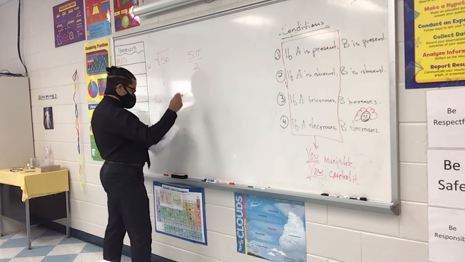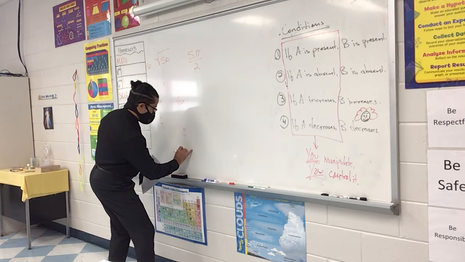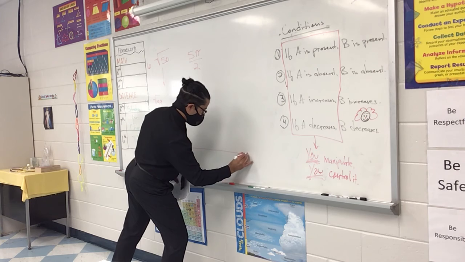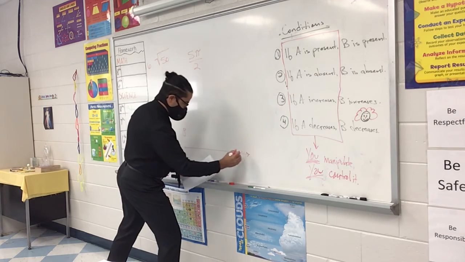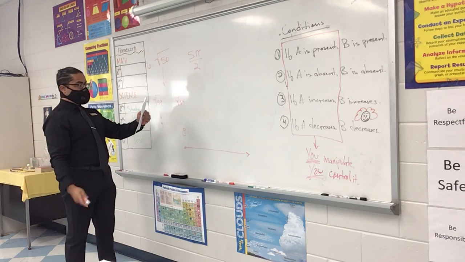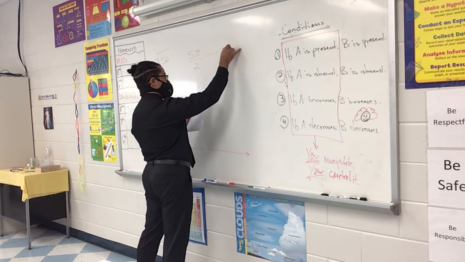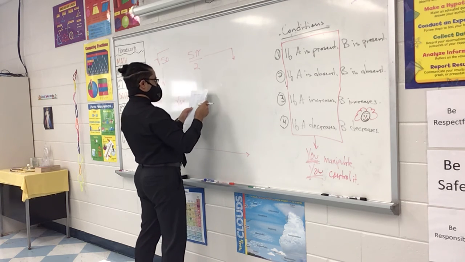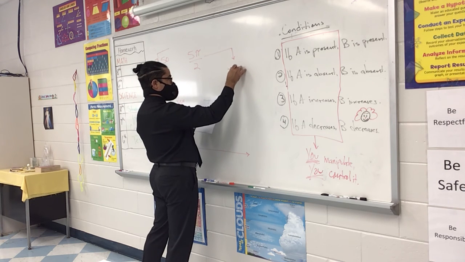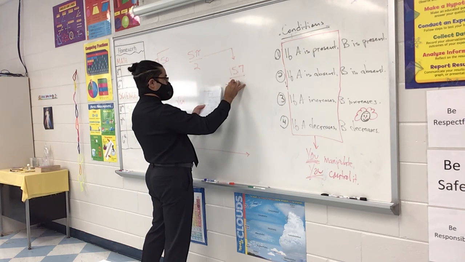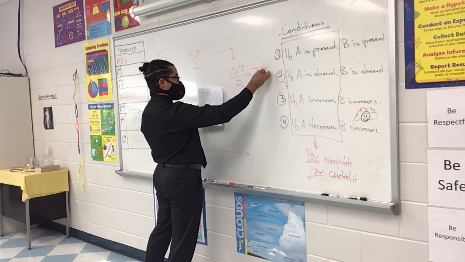Now, I will draw myself a number line to try to keep track of what I'm doing. Why? Well, because when I come here, I realize that 5 times pi is 15.7 over 2, which is equal to 7.85.